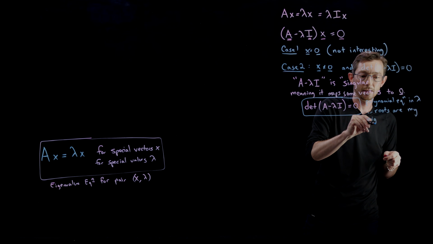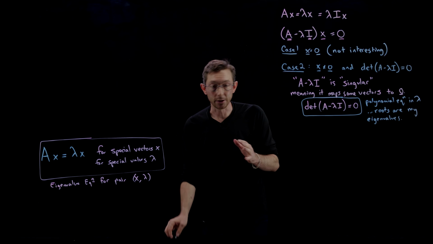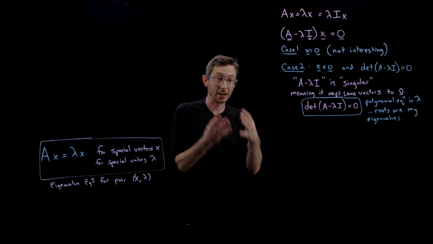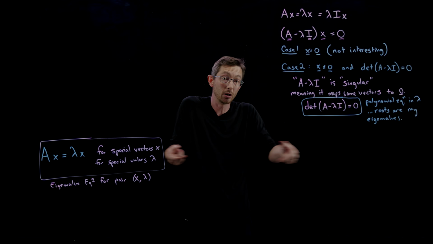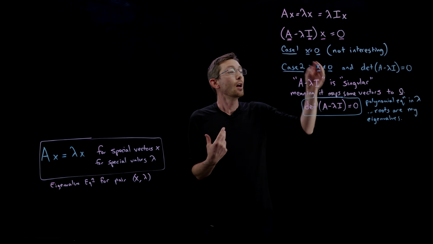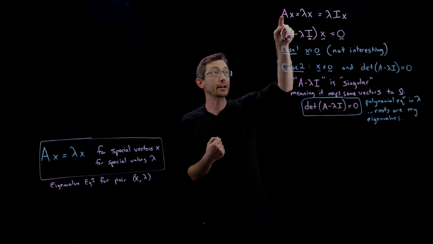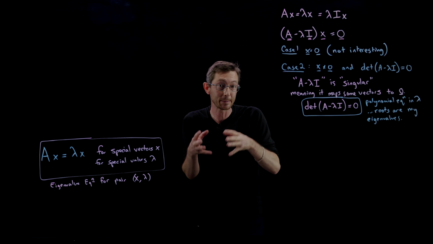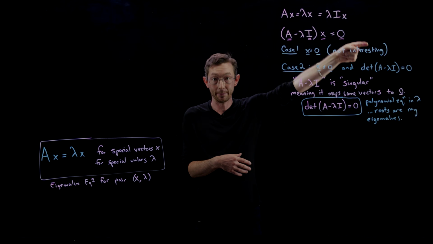So I can write down A, write down lambda I, write down this determinant, set it equal to 0, get a polynomial in lambda, and solve for those lambdas where this is true. If I have a 2 by 2 A matrix, I'll have 2 of them. If I have a 3 by 3 A matrix, I'll have 3 of them. For those very specific lambdas, there are some x's that will map to 0.